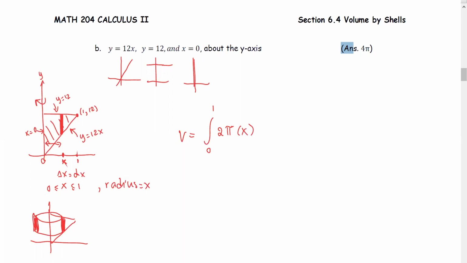And the height is the length from the top of the bar to the bottom of the bar, which is the difference of the upper function, y equals 12, and the lower function, which is 12x.